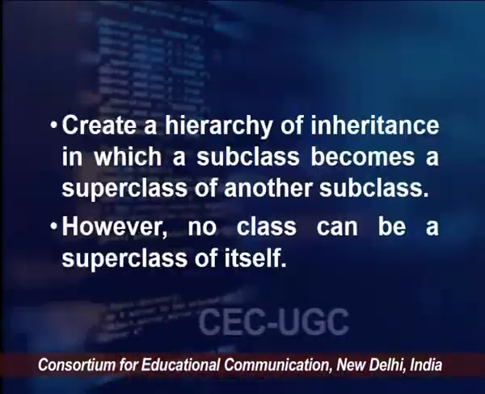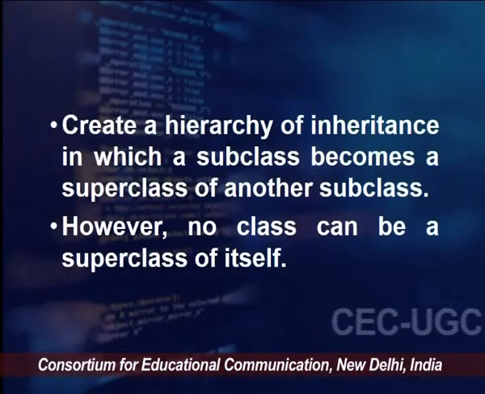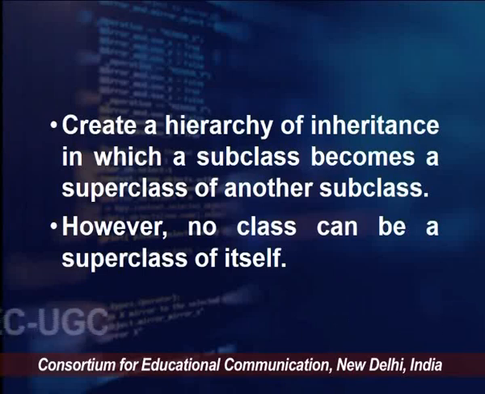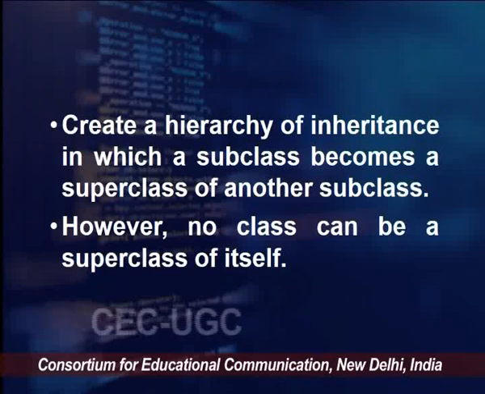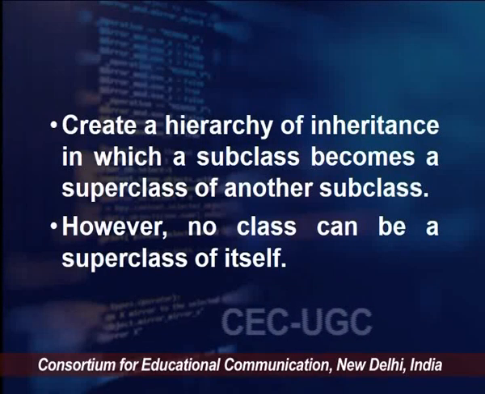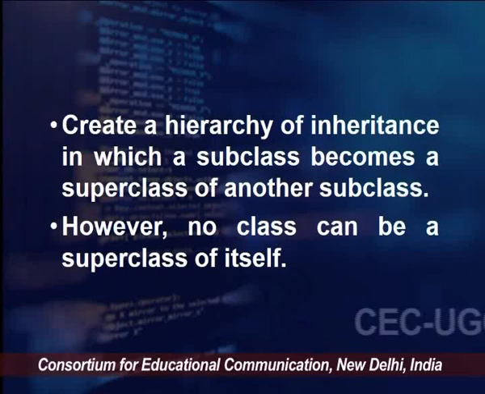So basically we can create a hierarchy of inheritance in which a subclass becomes a superclass of another subclass. What I am trying to say here is we can have 3 classes or even more.